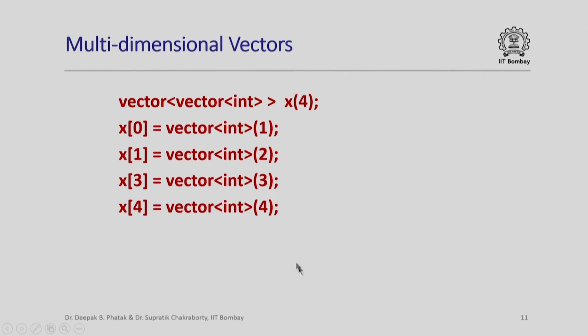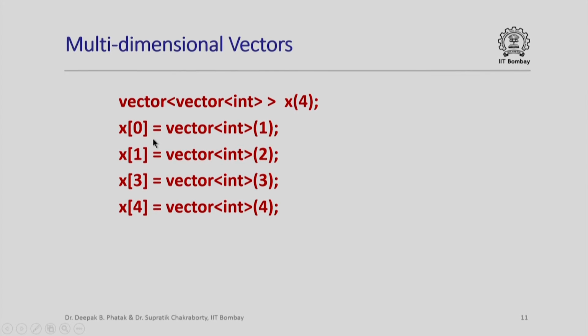Now consider this very interesting piece of code where I have declared x to be a vector of integer vectors, and I have said that x is going to have 4 elements, but now I am saying that instead of all the 4 elements being an integer vector of the same size, x[0] is going to be an integer vector of size 1.